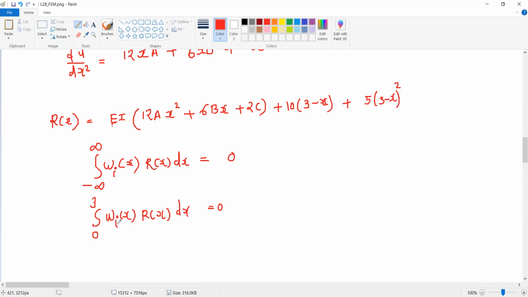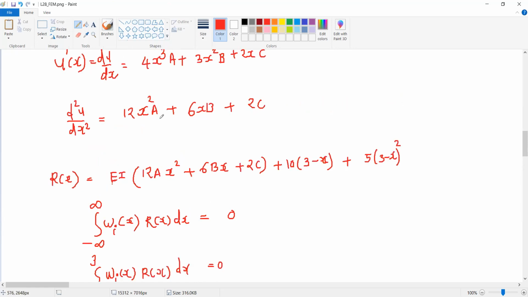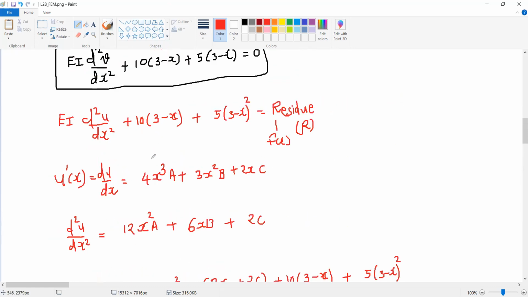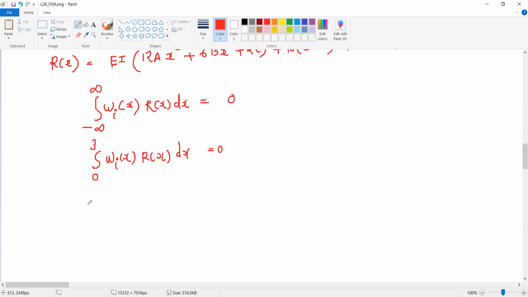I'm going to have three weighing functions because we have three unknowns here, because we have chosen three trial functions. So therefore, I will have to choose three weighing functions: w1 of x, w2 of x, and w3 of x.